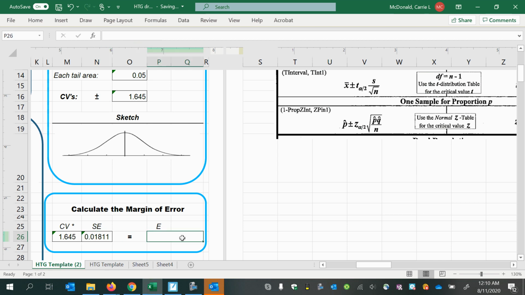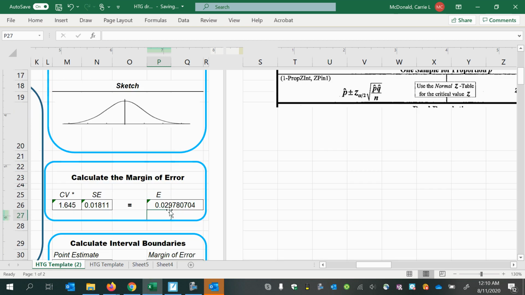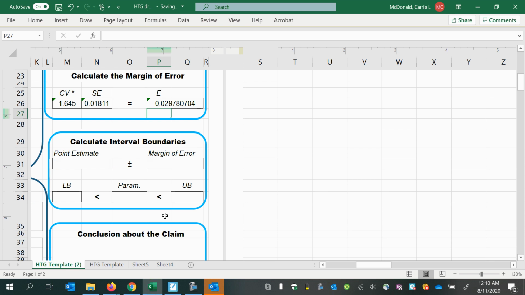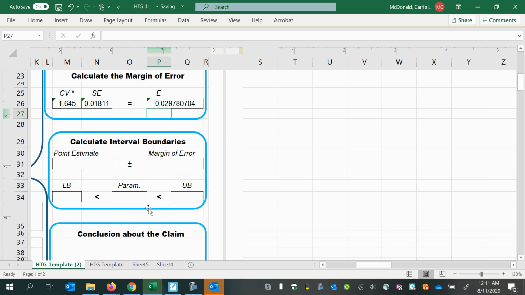Now that I have that, I can multiply them together to get my margin of error. Multiply the critical value times the standard error, and that will give you a margin of error to add and subtract to your sample proportion. So the sample proportion that was given was 0.87, right?